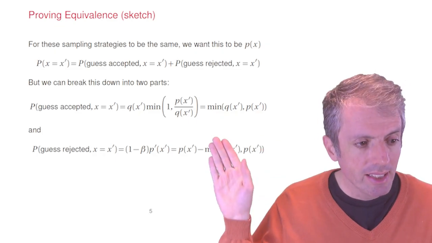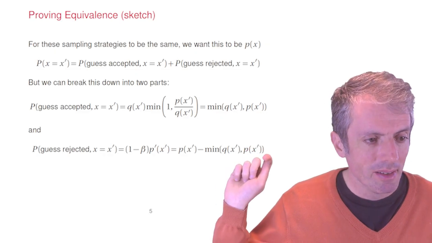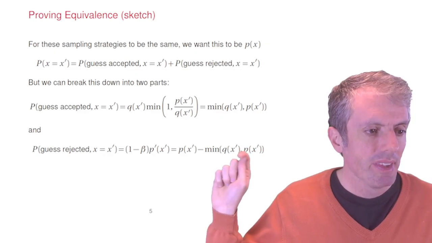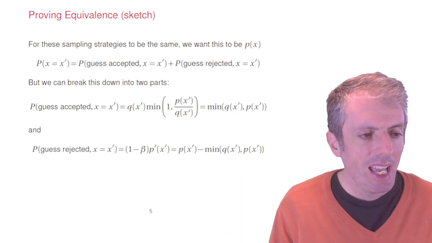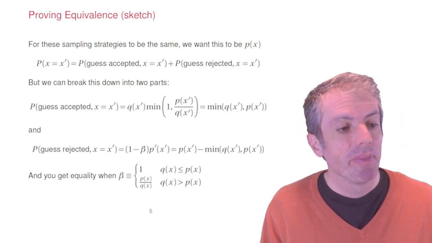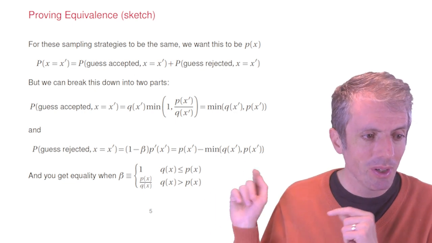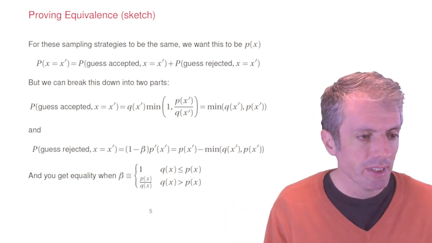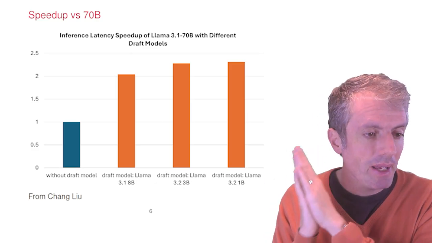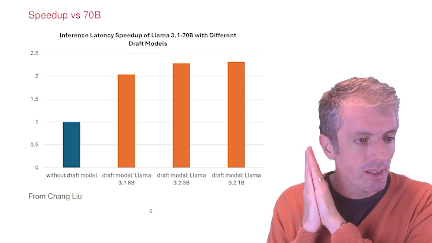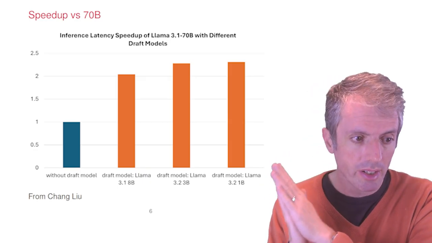If it's rejected, you're sampling from this P prime distribution with probability 1 minus beta. And as it so happens, if you set beta to be equal to what we talked about before, this ends up being equivalent. For many applications, speculative decoding can almost double your throughput in terms of the number of tokens you can generate.